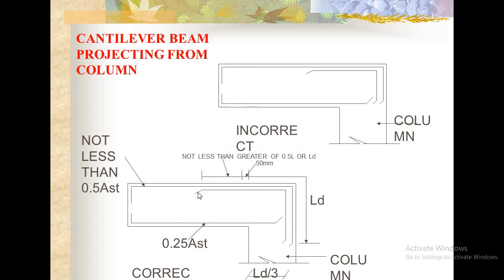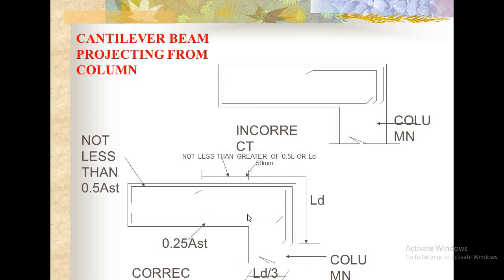And also, normally this bottom bar is bent up to the top. Actually, that bar also needs to be extended to the column. This is the correct way of providing the reinforcement.